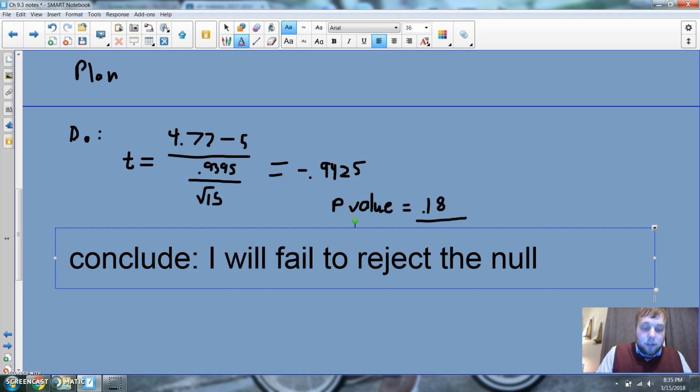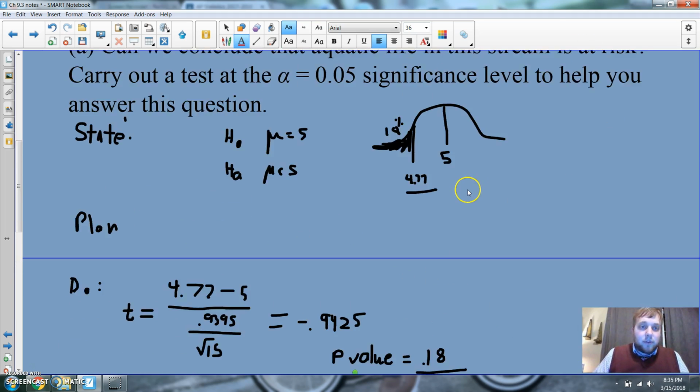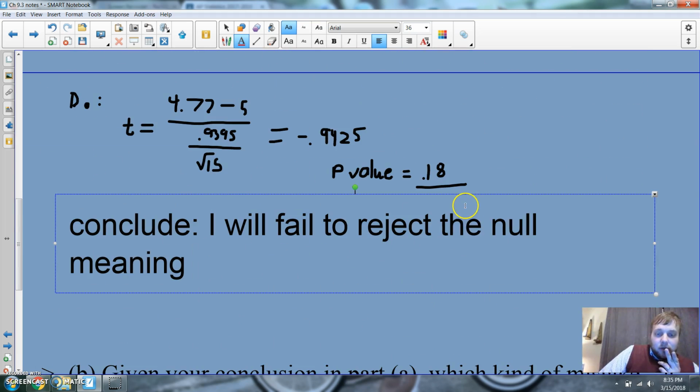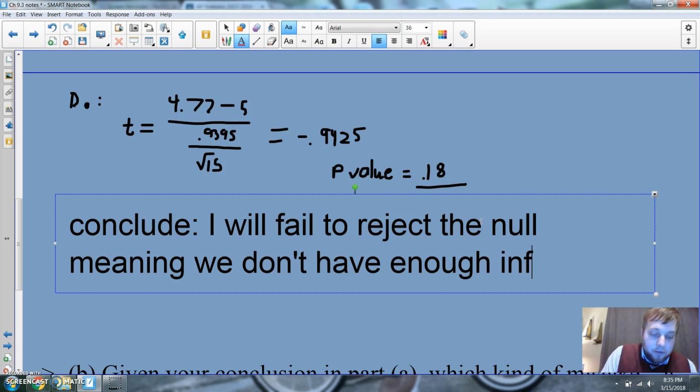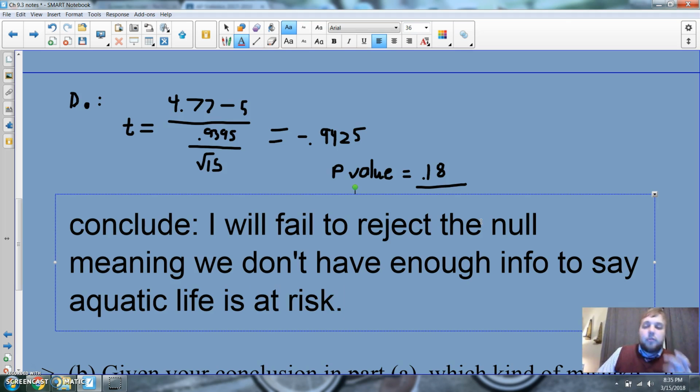Can we conclude that aquatic life in the stream is at risk? We don't have enough info to say aquatic life is at risk. If it was below 5%, I would have rejected the null, but the p-value is high, so the null will fly.